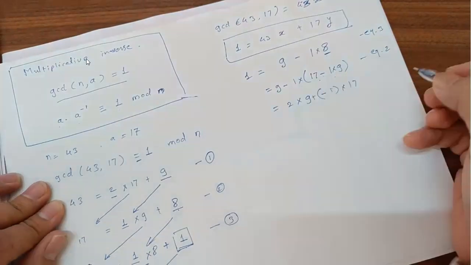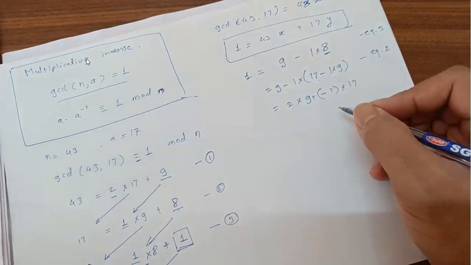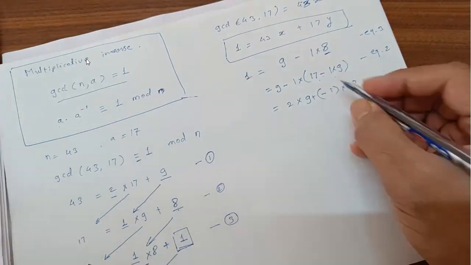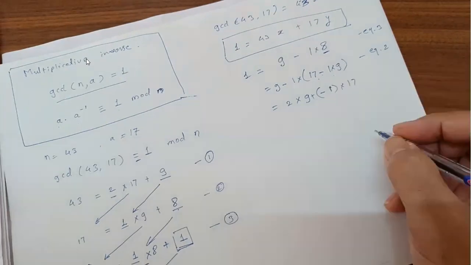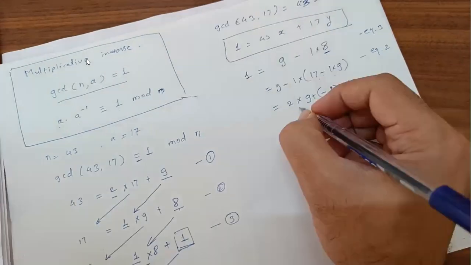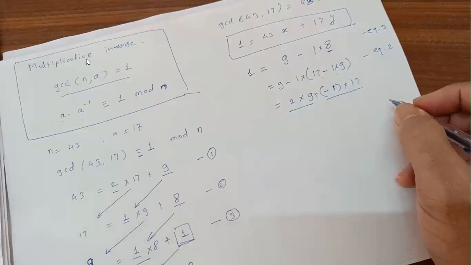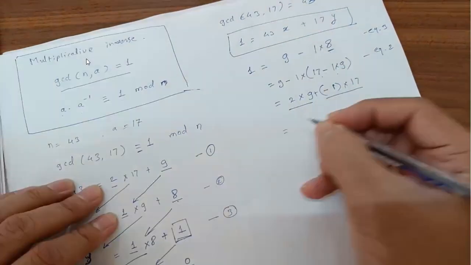Is it correct? Please tell me if I'm writing any wrong steps. I hope it is correct: 2 into 9 plus minus 1 into 17. Yes, sir, it's correct.